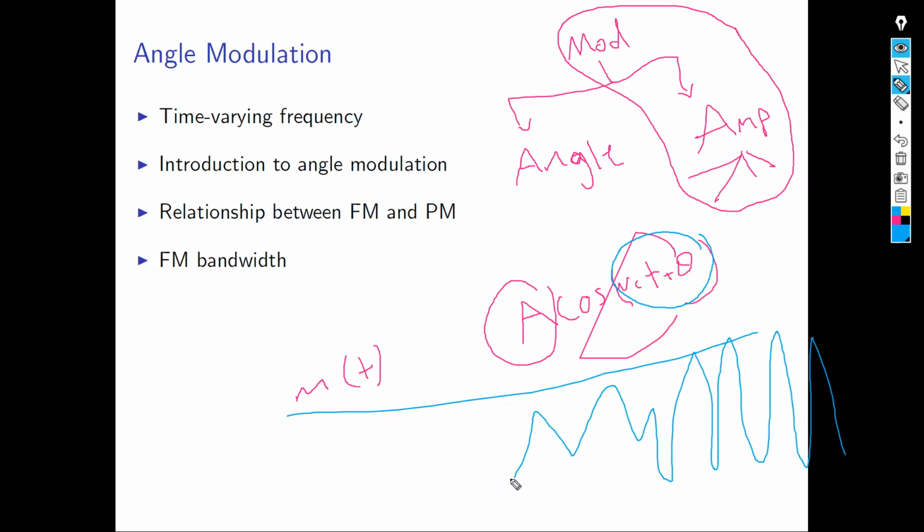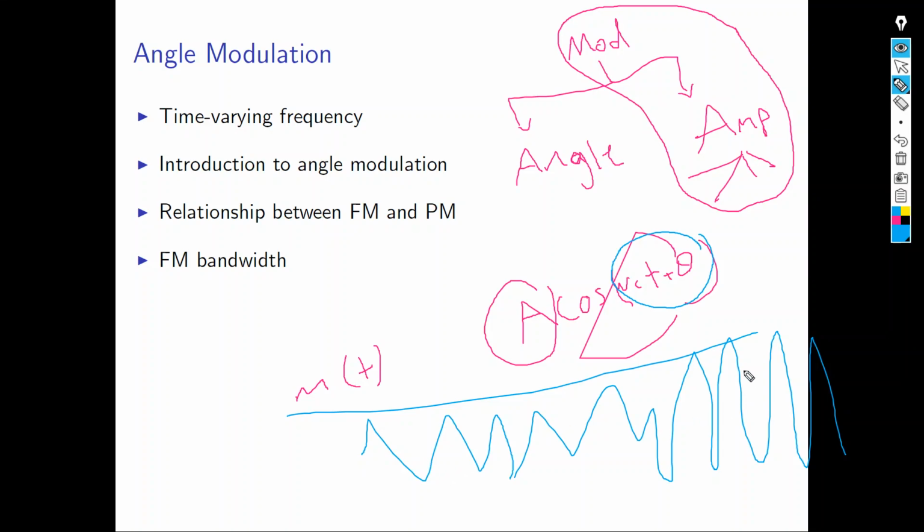fluctuate as time passes, and this fluctuation can increase beyond the capabilities of the power amplifier that you have at the transmitter. And this might hurt the transmission process, increase the peak to average power ratio, and create intermodulation products that can cause interference and limit the coverage of your modulation scheme.